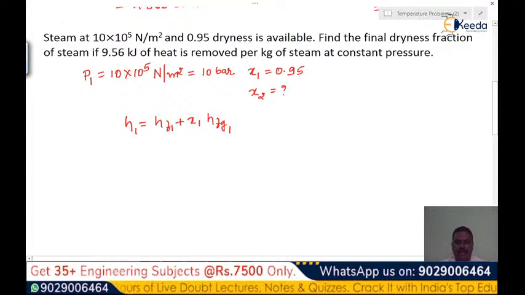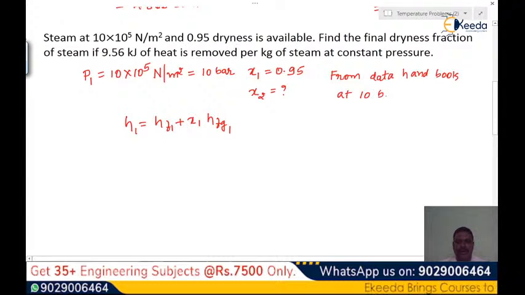So from the data handbook, at 10 bar, let us have HF1 and HFG1. So let us have these values.